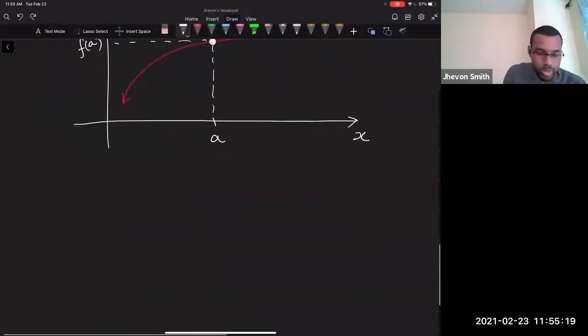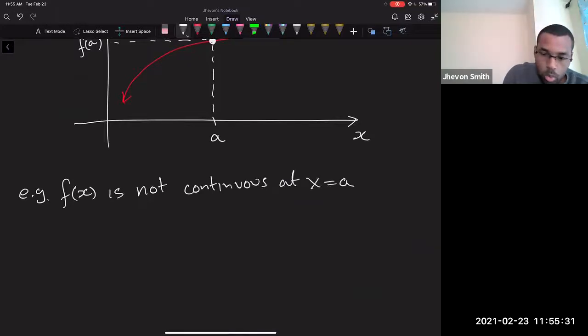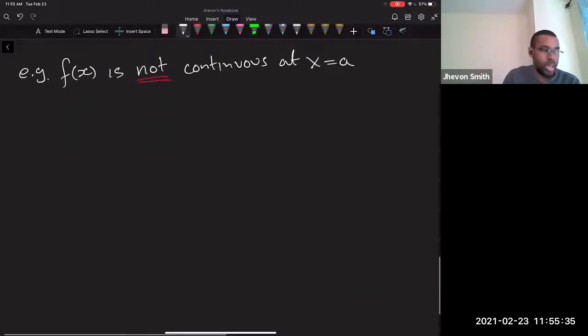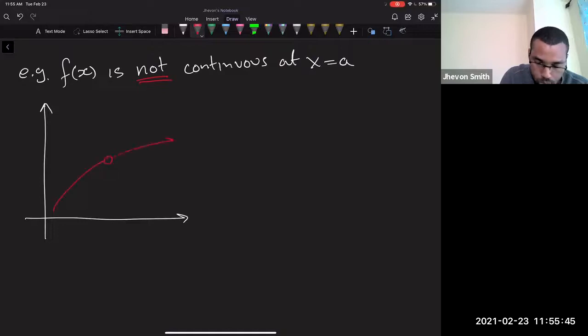Let's look at some other examples. F of x is not continuous at A. So what would some non-examples look like? Well, there are a bunch. We could have something like this, where my graph goes like, there's a hole, right?